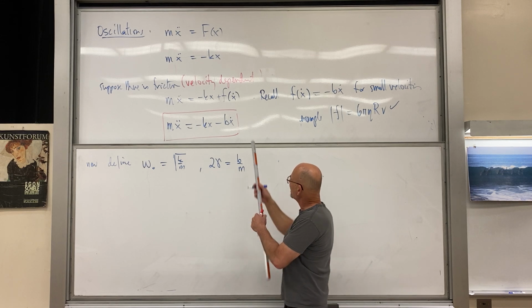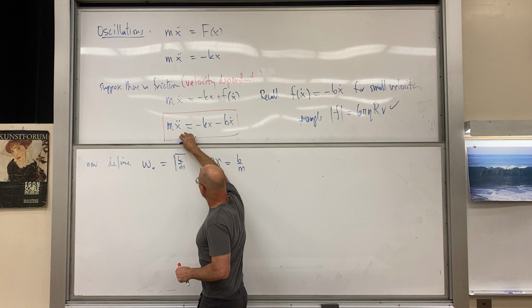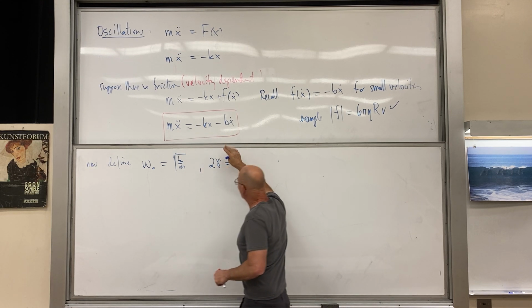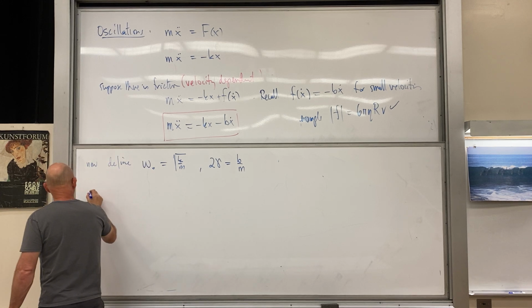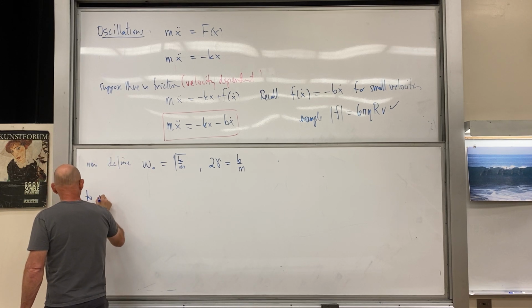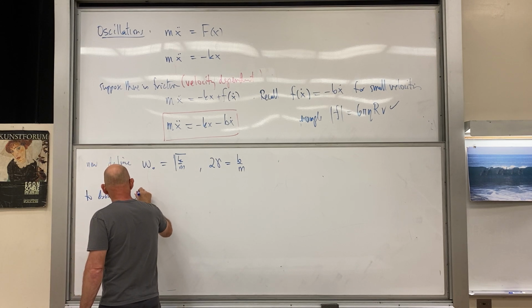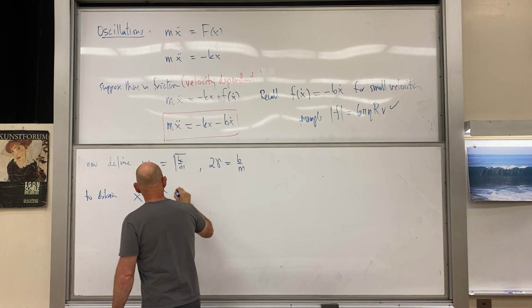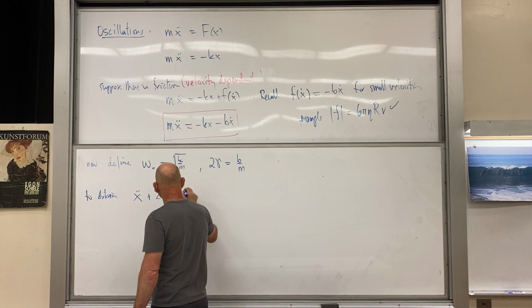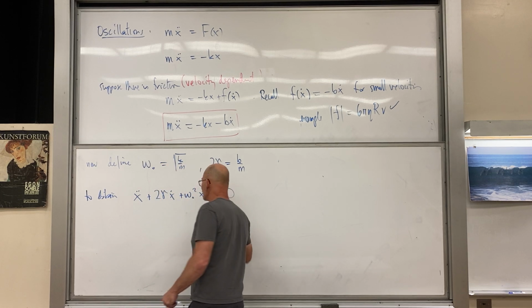And if we do that, dividing this equation by m and bringing everything to the left side, we obtain the second derivative of x plus 2 gamma times the first derivative plus omega naught squared times x equals 0.